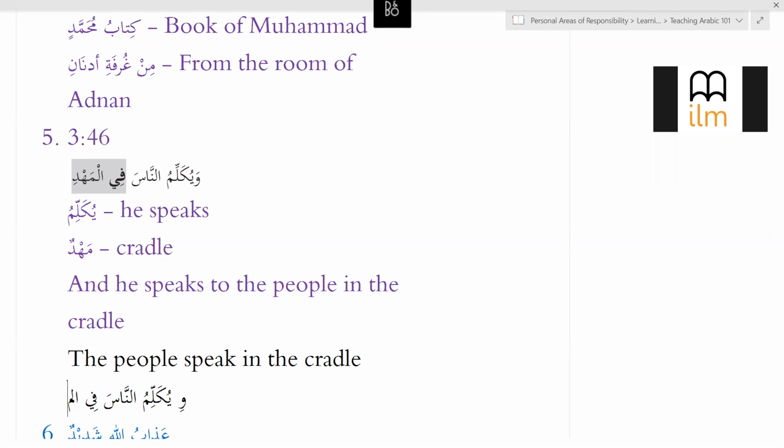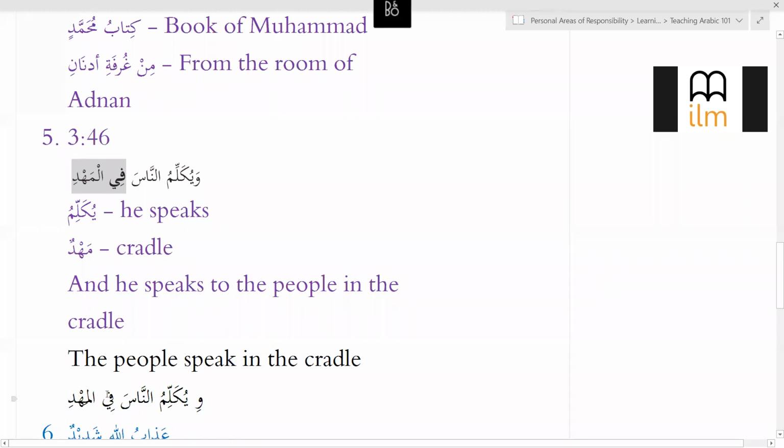Al mahdi. That's wrong, Rahmat. After fi I can only have al mahdi. Yes, after fi it has to be mahdin or al mahdi. This will not change. How do you make the people speak in the cradle?